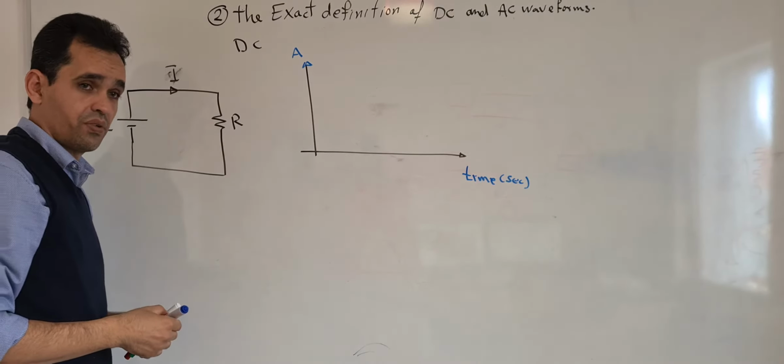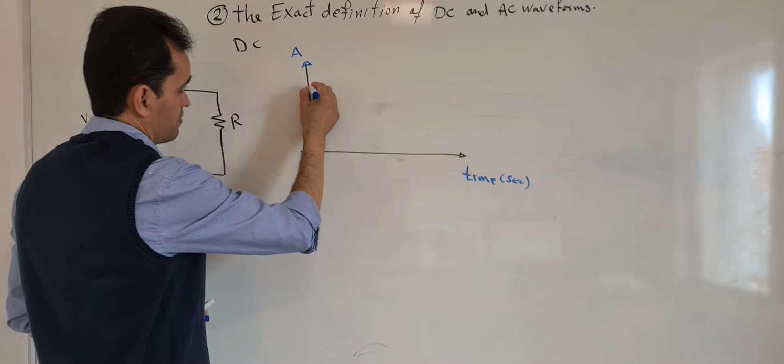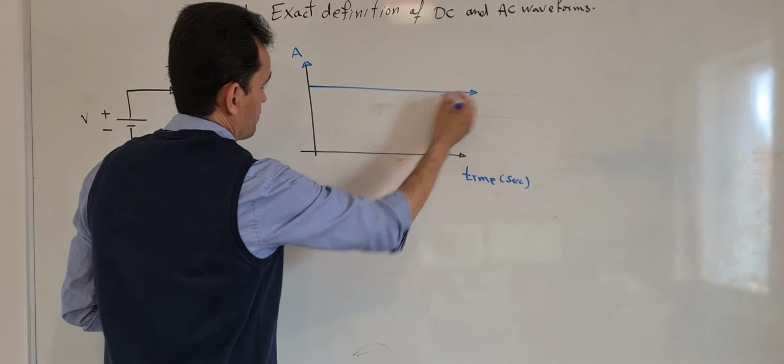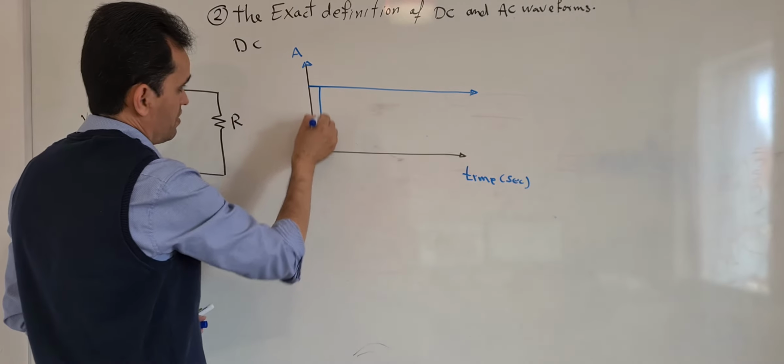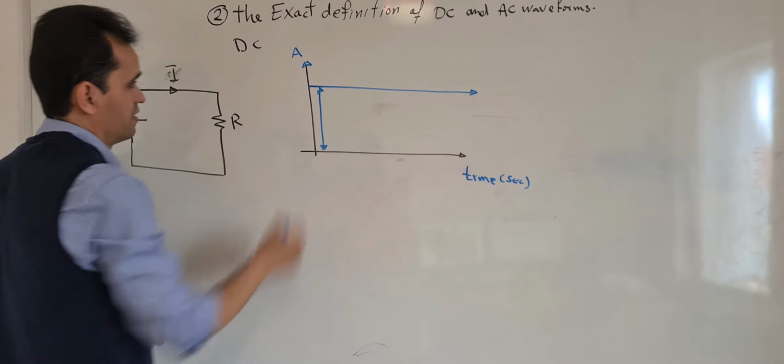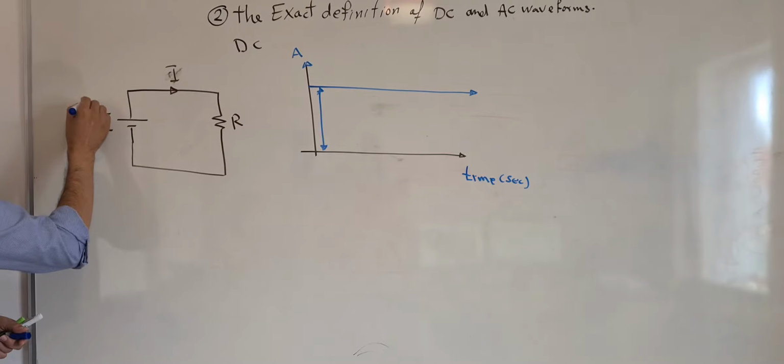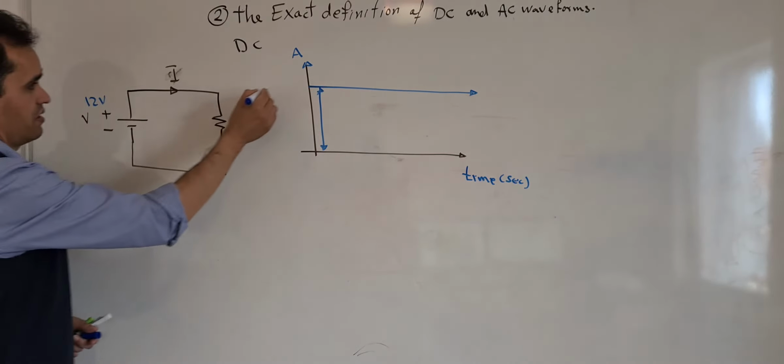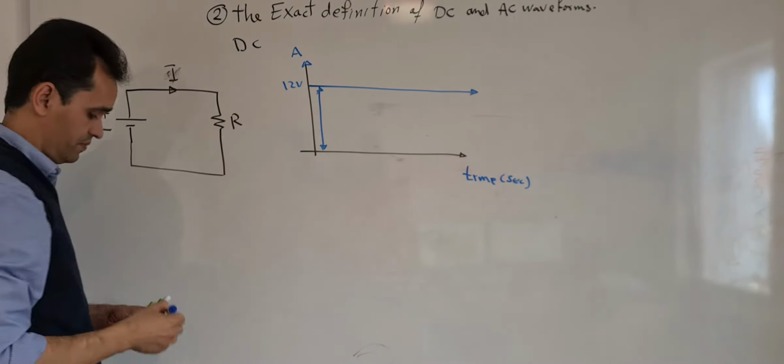Now, if our waveform is a voltage, that's the amplitude of the voltage of the battery. For example, 12 volt. So that will be our 12 volt. Okay.